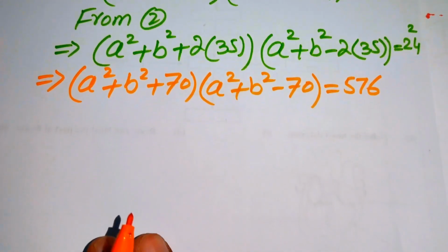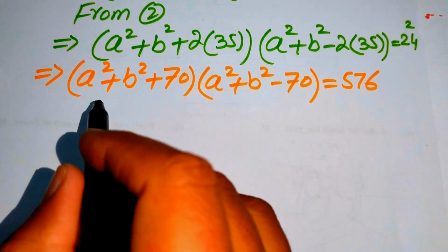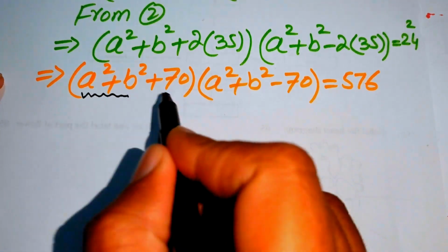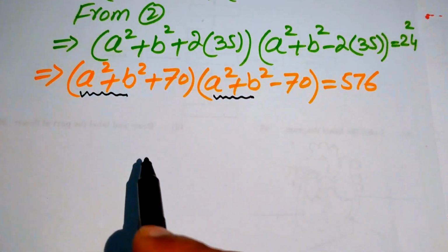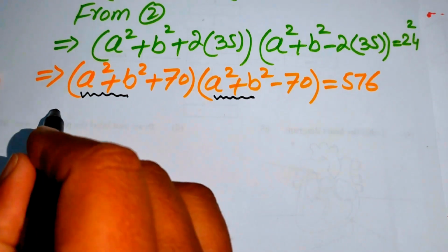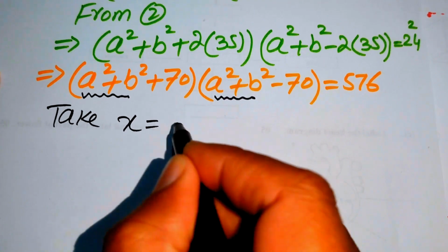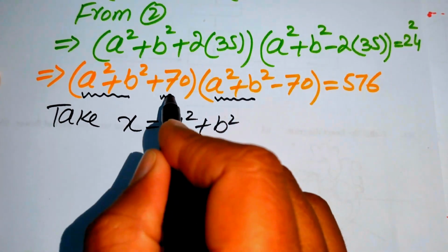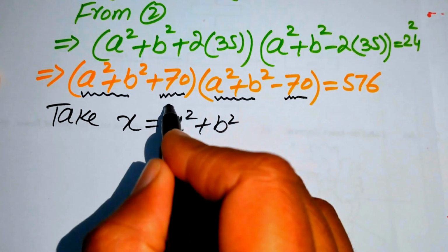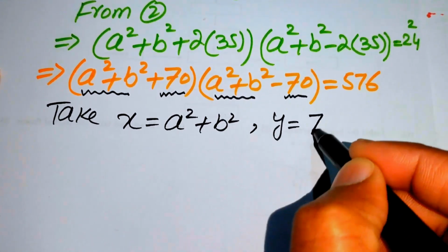576. Now in the next step, focus on this equation: we have a² + b² here, and also a² + b² here. So we take x = a² + b², and here we have 70 and again 70, so we call 70 equal to y.